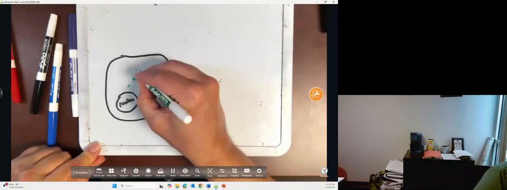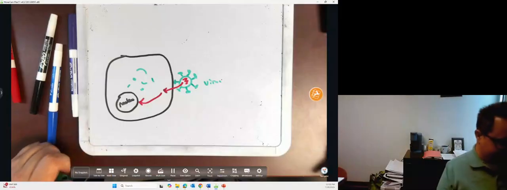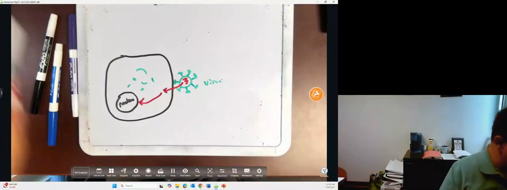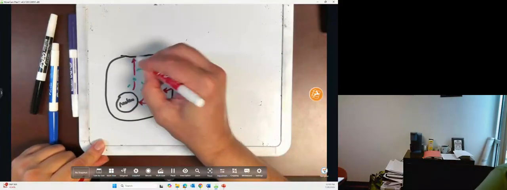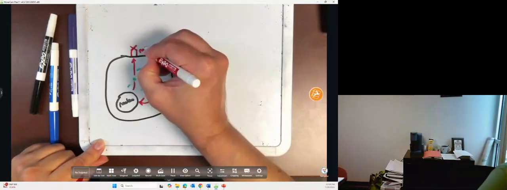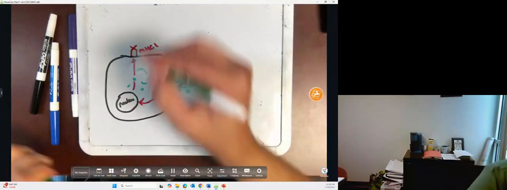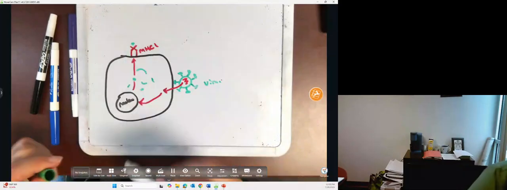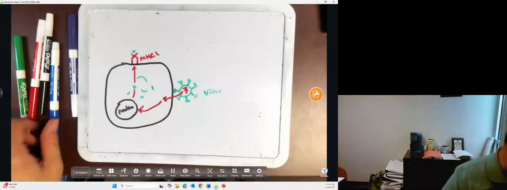Okay? Viral proteins. It's making viral proteins. This cell is going to make an MHC called an MHC1. And this MHC1 is being displayed, and this is like waving a red flag at a bull.